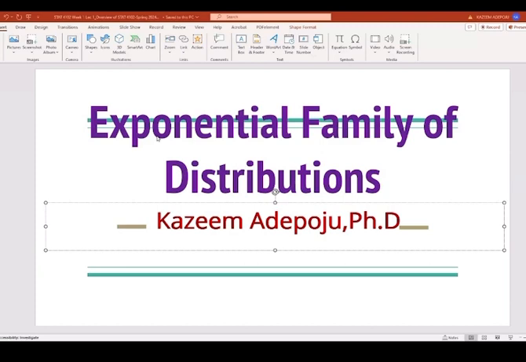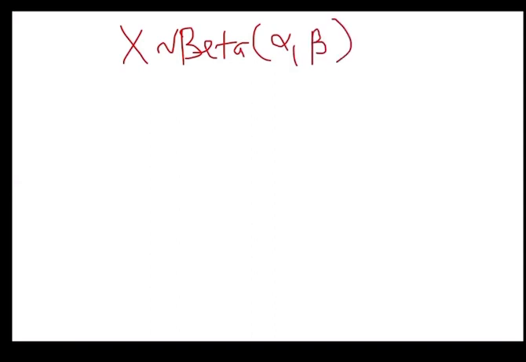So what I actually want to talk about now, I'm going to share my screen, and we want to work on an example, a beta distribution. Say X follows a beta distribution of the first kind with parameters alpha and beta. We've got two parameters here. Instead of theta as before, we have alpha and beta as the parameters.